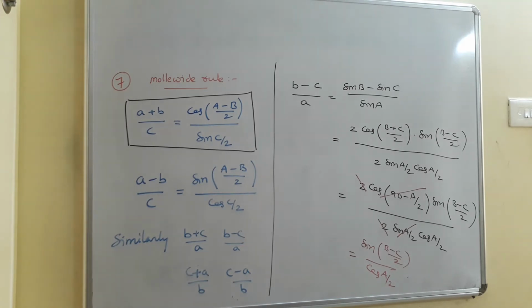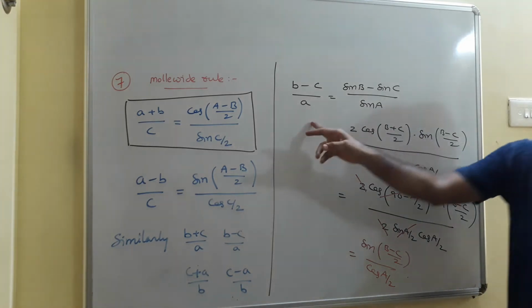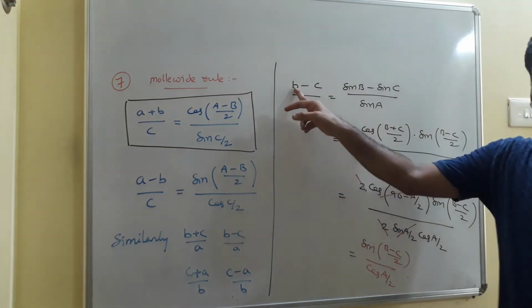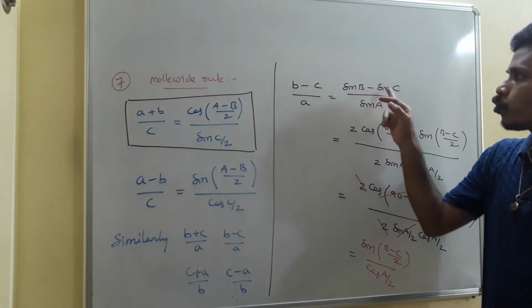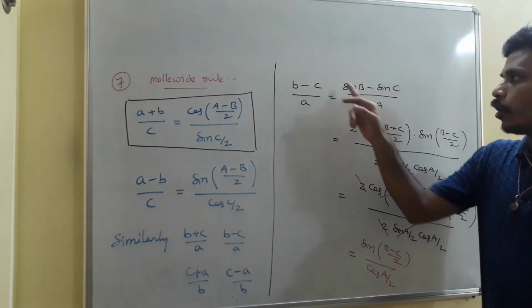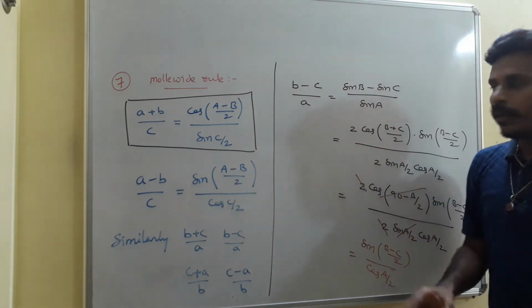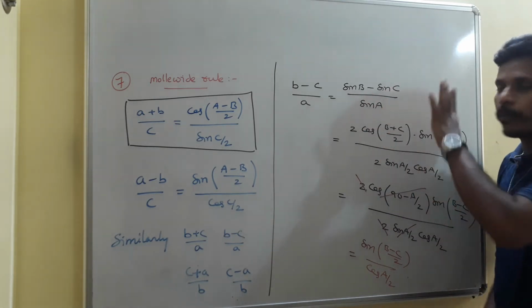Similar to that (a − b)/c, now this is the explanation for (b − c)/a. From the sine rule, b is 2r sin b, c is 2r sin c, a is 2r sin a. 2r will get cancelled. Then we are left with (sin b − sin c)/sin a.